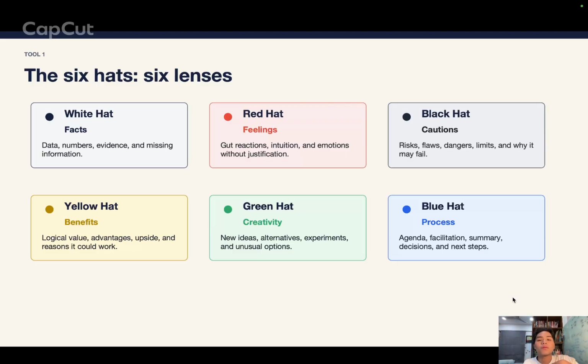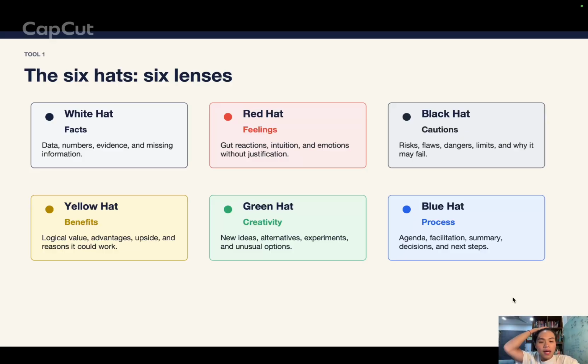And more importantly, what information is missing? So for example, if we are considering a new software tool, we might ask about its price, its features, number of users using it, or about the current performance data. So this is when we use the white hat.